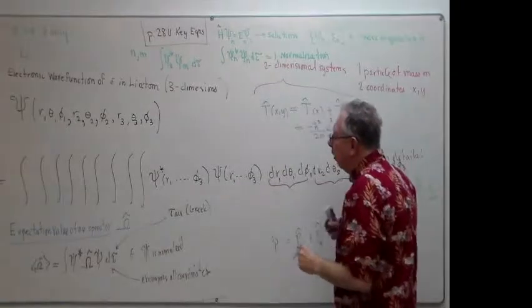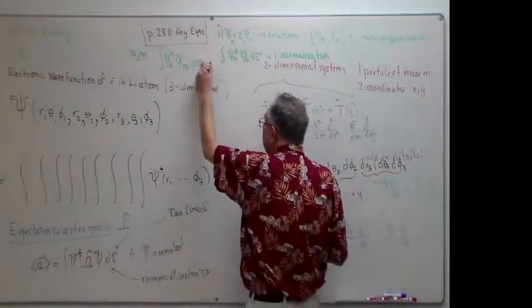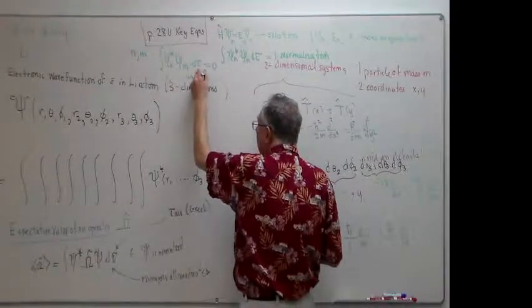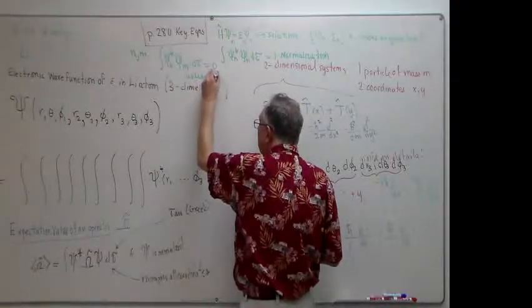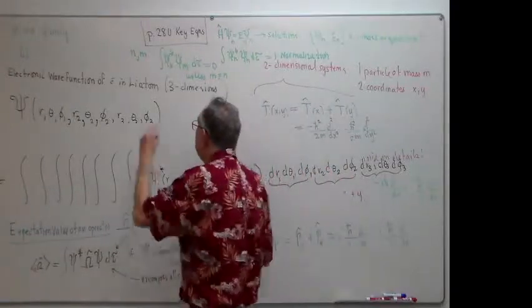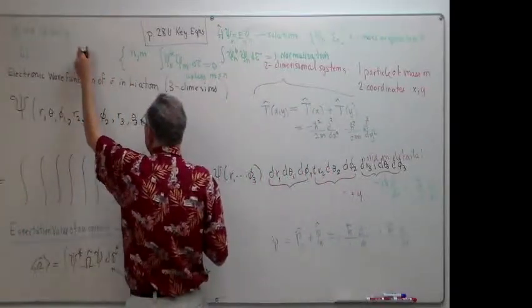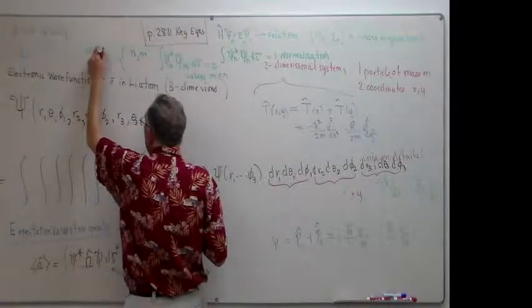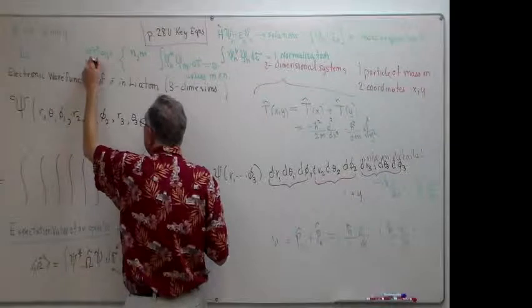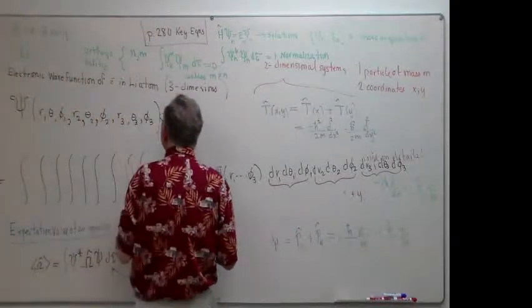And if we've done this right, this is a general result, this will equal 0 unless m equals n. In other words, this is an orthogonality condition.